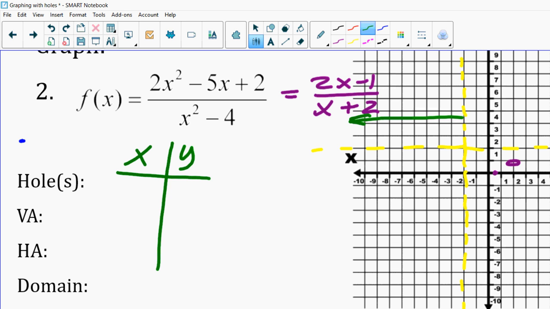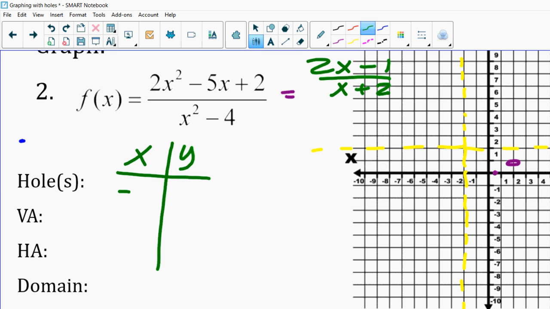I want you to pick 3 numbers that are close to that vertical asymptote, but on the left side of it. What was that, 2x minus 1 over x plus 2? Okay, so negative 2 is your vertical asymptote, right? Negative 3, negative 4, negative 5.